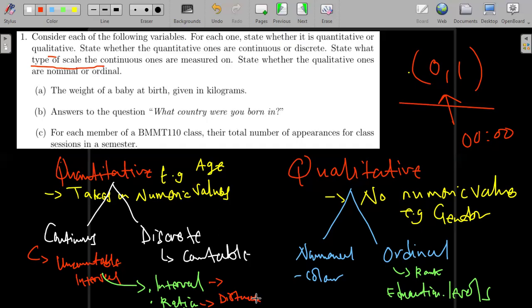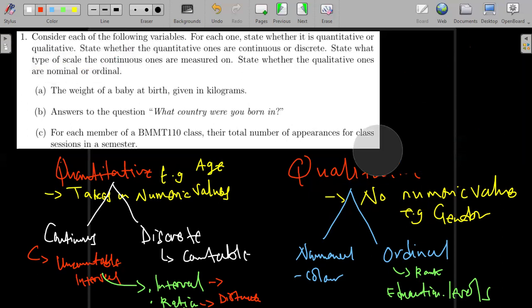Or if we say the weight of something is 0, it means that thing does not exist, because there's nothing that has a weight of 0. So for the ratio, the 0 point is true. For the interval, the 0 point is not what? True.